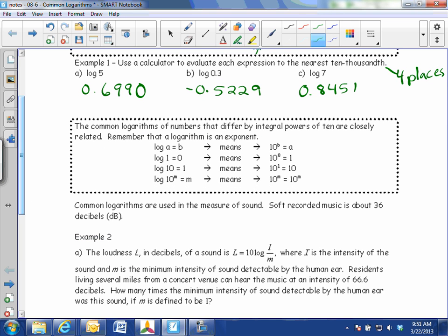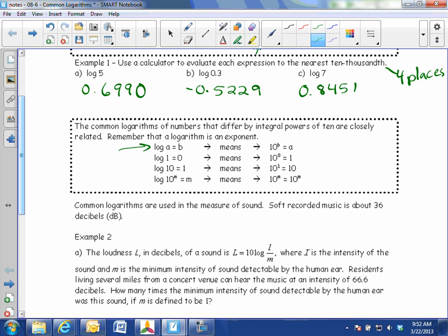Okay, so remember that the logarithm is an exponent, so we know that if I have log of A is equal to B, that means 10 to the exponent of B is equal to A. Okay, because if we were going to write it in exponential form, remember we have base of 10, 10 to the exponent B equals A. Alright, so if we have log 1 is equal to 0, because in order to get 1, anything with a 0 power is 1.